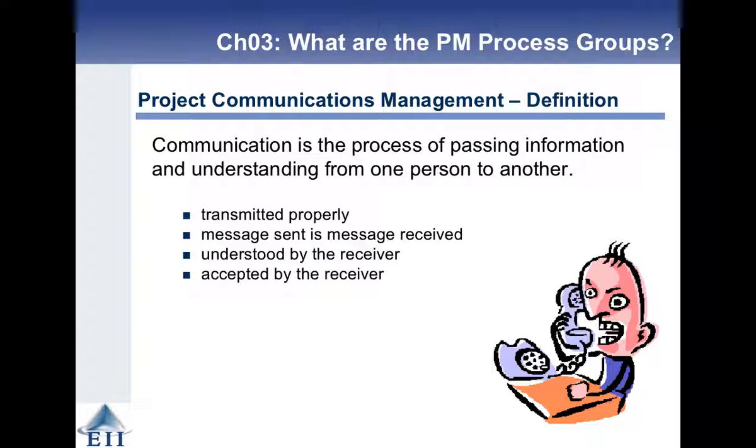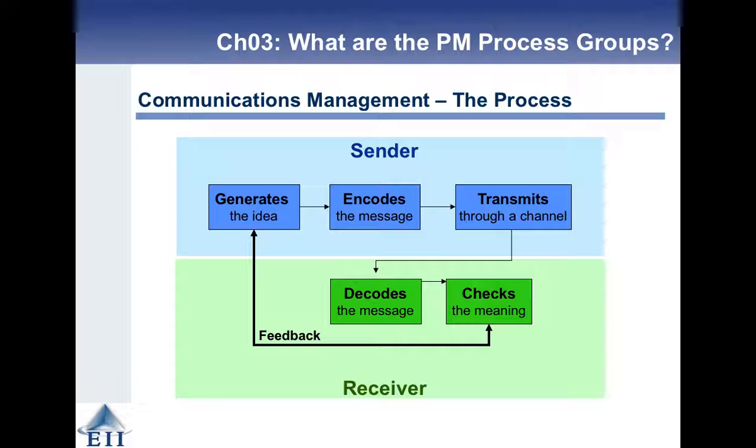Right, so there's the things. We need to make sure that the reports we make are understood, and we need to make sure that the receiver accepts them. If they don't, then we're not communicating effectively. Right, and here's the idea. So the sender generates the idea, encodes the message, transmits it through a channel.